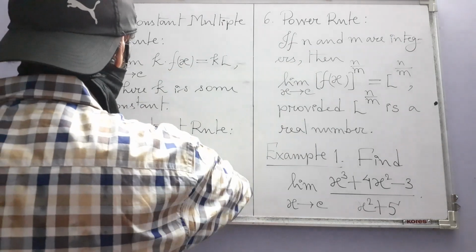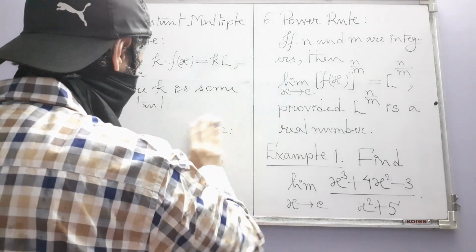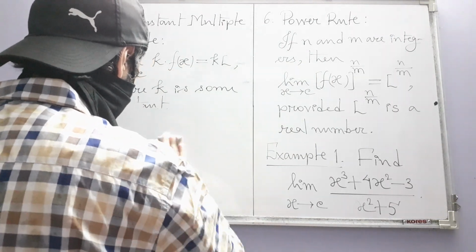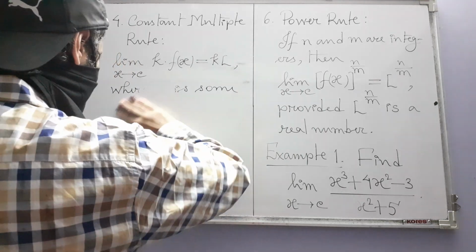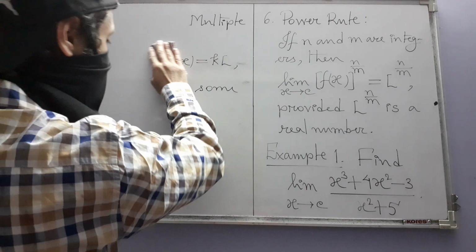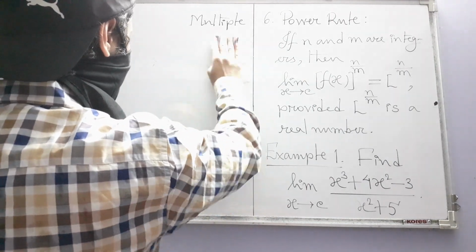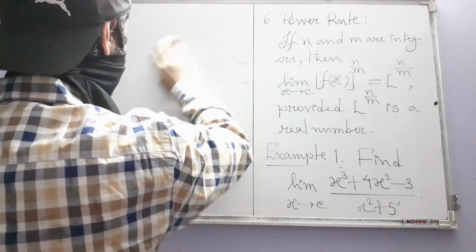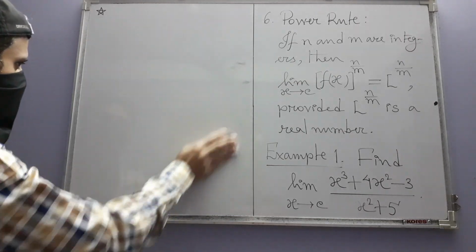So you can understand that the way we calculated the limits in the previous exercise set will not work here, because you don't know what c is. C can be any real number.